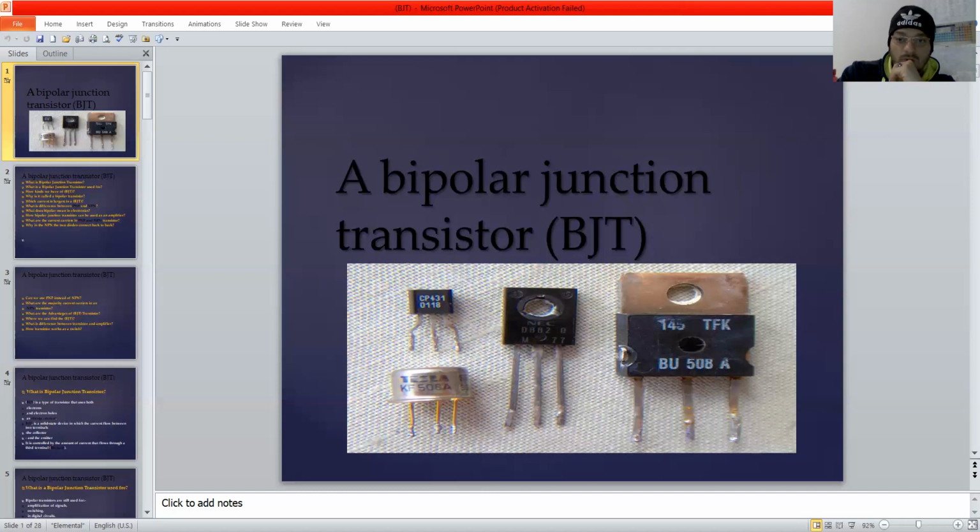Here, as we see, the emitter is P-type, the collector is P-type, and the base in the middle is doped N-type, and the circuit will be like that. There are two loops, following Kirchhoff's law: loop one, loop two.